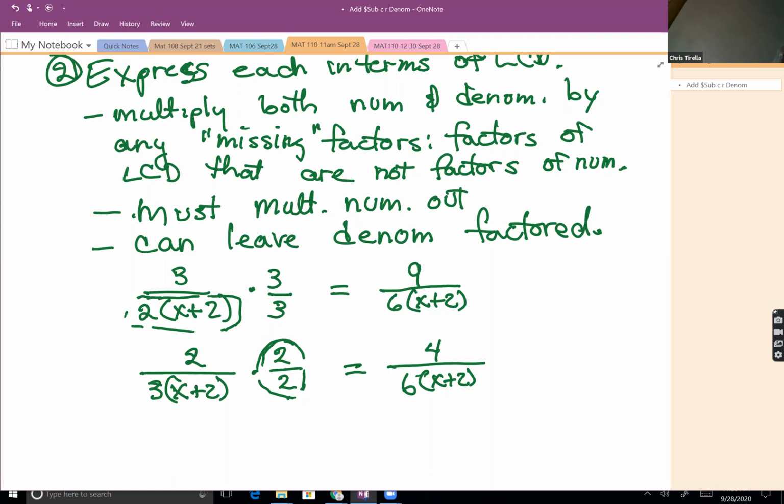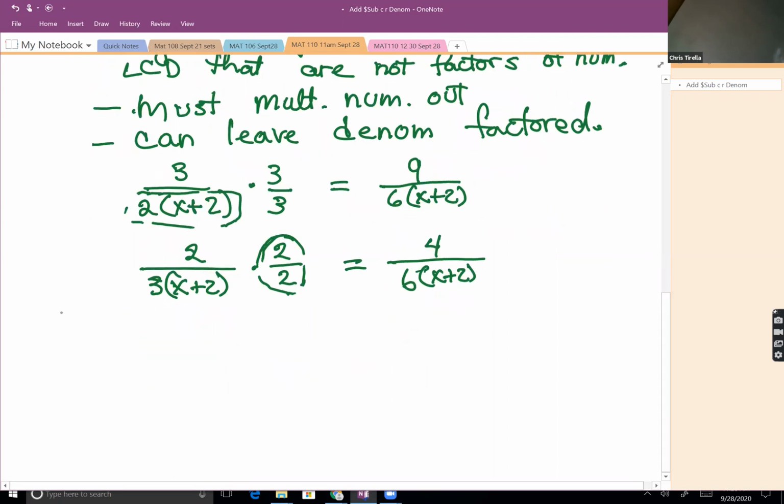Now that we've got the common denominator, we're going to do our addition or subtraction, depending on what we're given. And then after we do that, we'll simplify if possible.